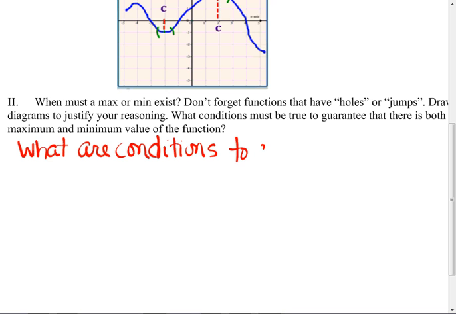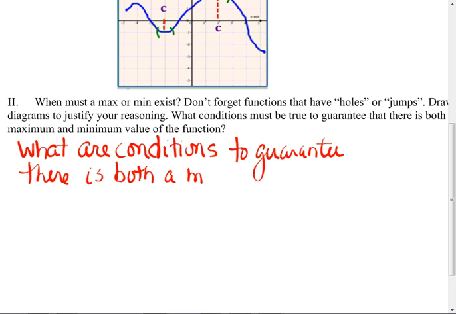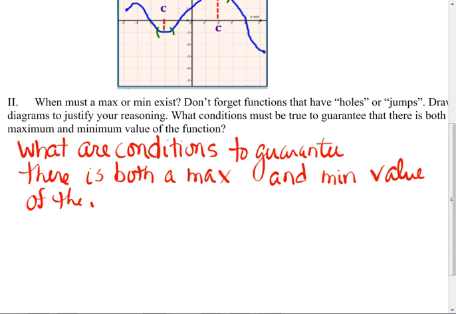To guarantee there is both a maximum and minimum value of the function. You get both. When must the max or min exist?